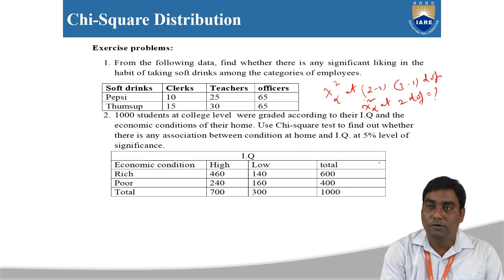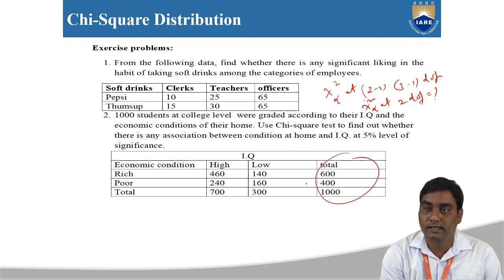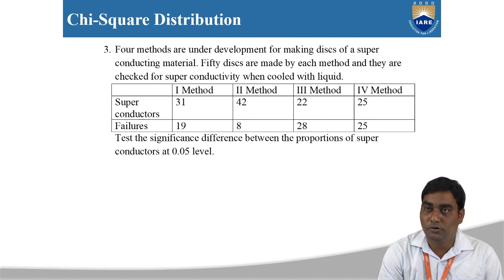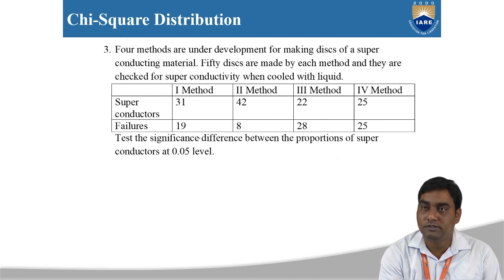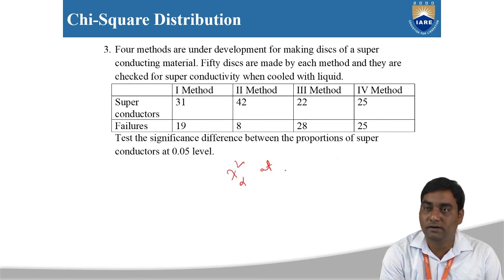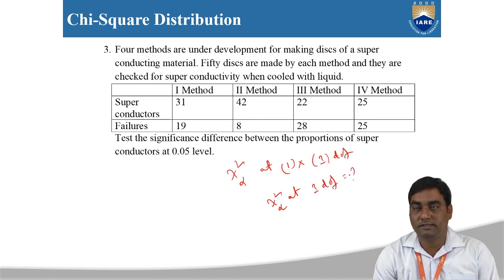Now coming to the second problem, here we have 2 rows and 2 columns. We are not going to consider the total values. Now coming to the third problem, 2 rows and 4 columns, 2 by 4. So chi-square alpha at (r minus 1) into (c minus 1), 3 degrees of freedom. We choose the chi-square alpha value at 3 degrees of freedom from the table. The remaining process is the same for all 3 problems.